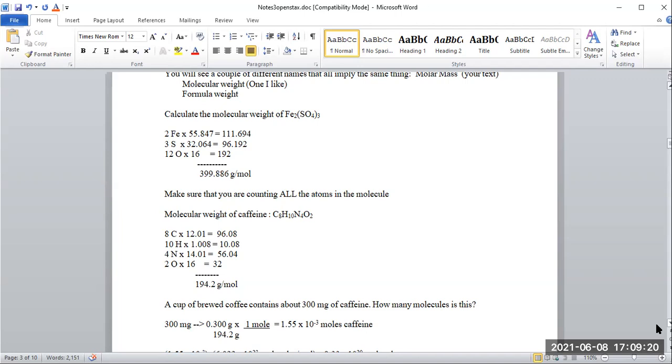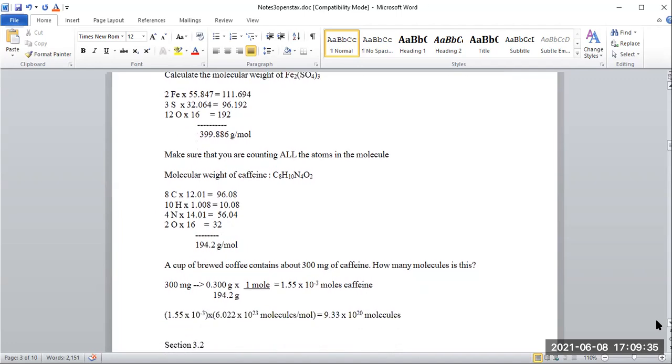I looked at how many of each element I had. So 8 carbons, 10 hydrogens, 4 nitrogens, 2 oxygens. Then I did my step that involves looking them up on the periodic table: 12 for carbon, slightly over 1 for hydrogen, a little over 14 for nitrogen, and 16 for oxygen.